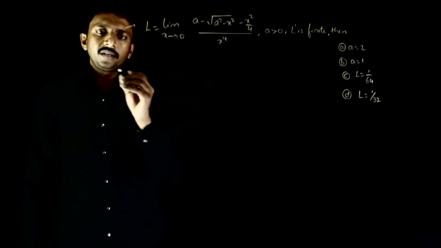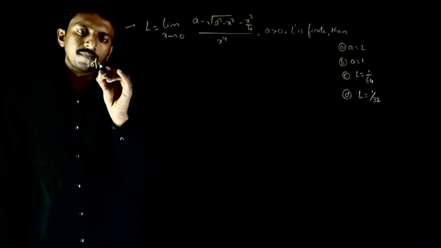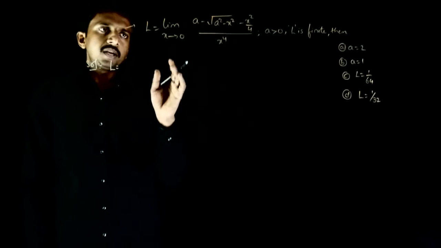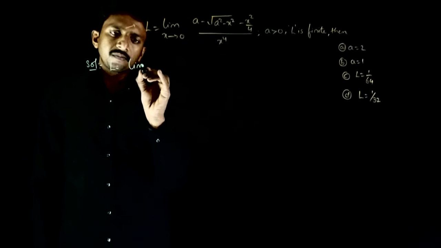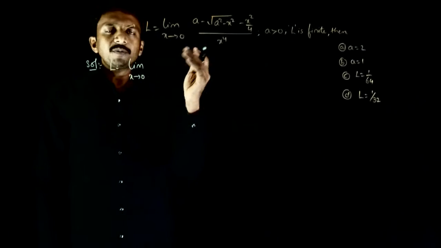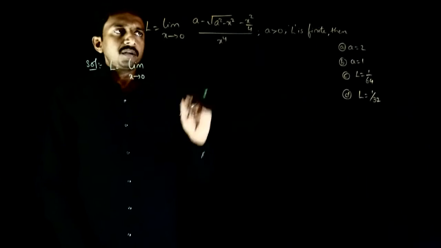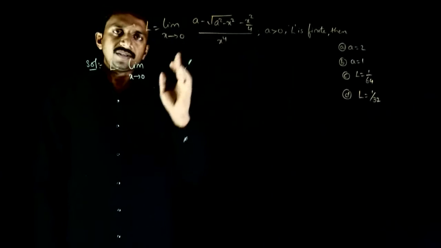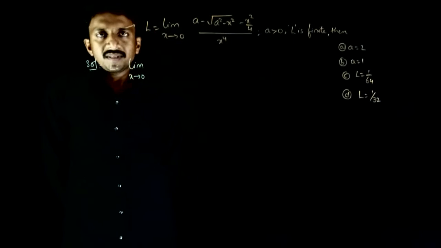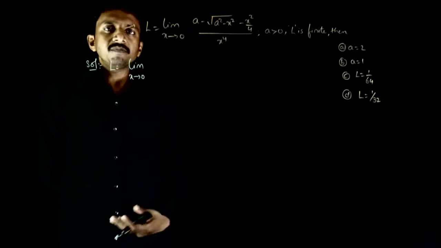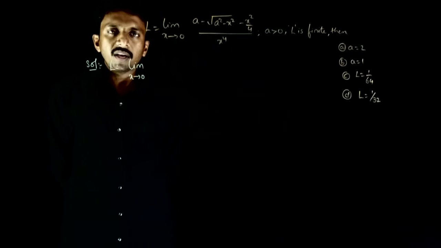So L is equal to limit x tends to 0. You can see, if we do direct substitution, x is equal to 0, you get a minus a, a 0 by 0 form. So this is an indeterminate form, so you have to apply some methods of solving limits.